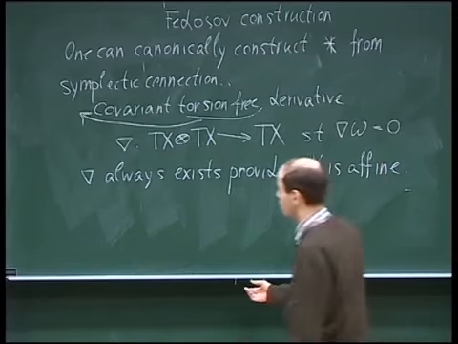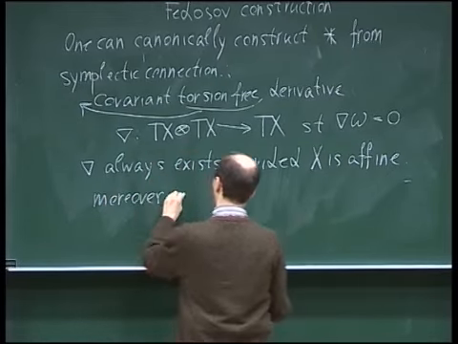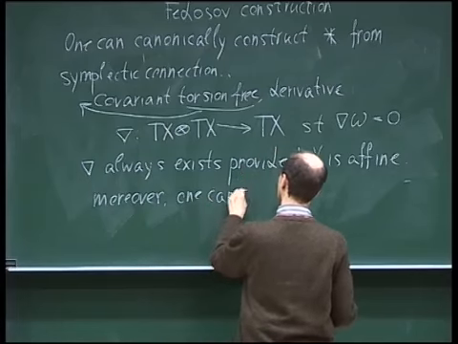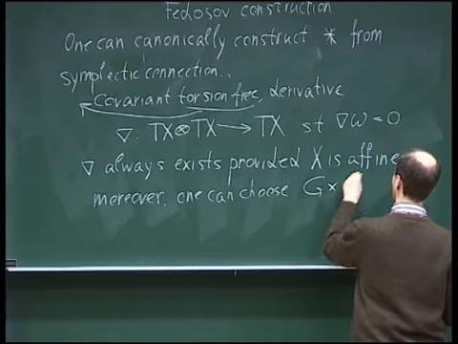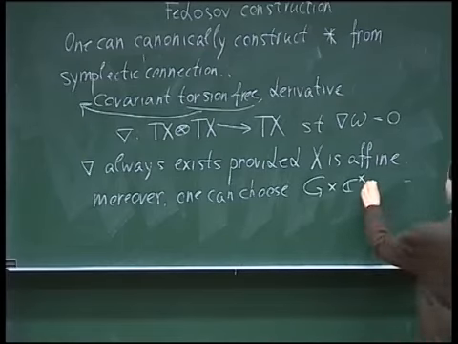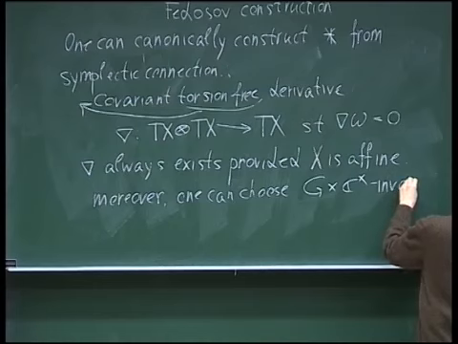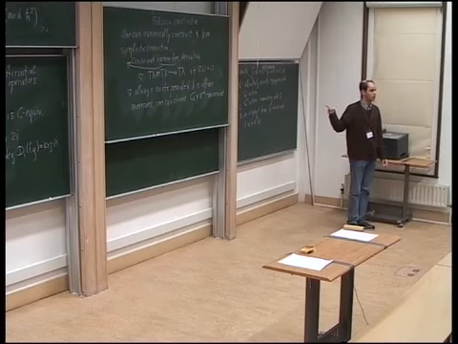And it turns out that one can choose nabla which is invariant with respect to both actions. And a remark here: unlike the usual Levi-Civita connection in Riemannian geometry, a symplectic connection is not unique. There are many of them.